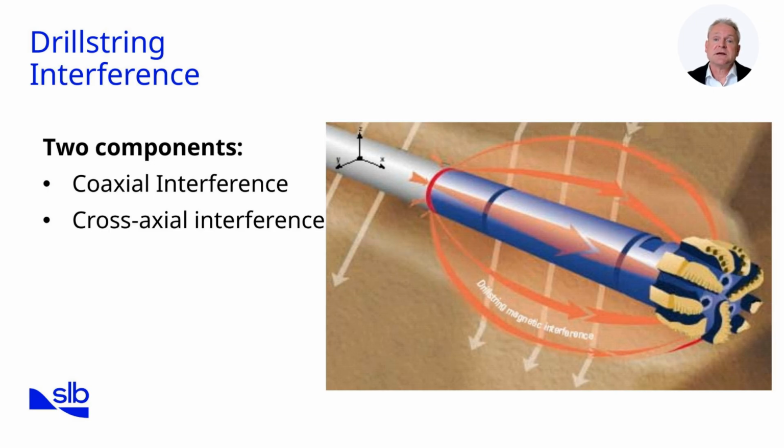Vertical wells suffer less because the tool is aligned with Earth's field lines and perpendicular influences are minimized. But as inclination increases, interference grows, particularly in horizontal sections where tool orientation relative to Earth's field shifts continuously. The outcome is a significant azimuth error if not mitigated.